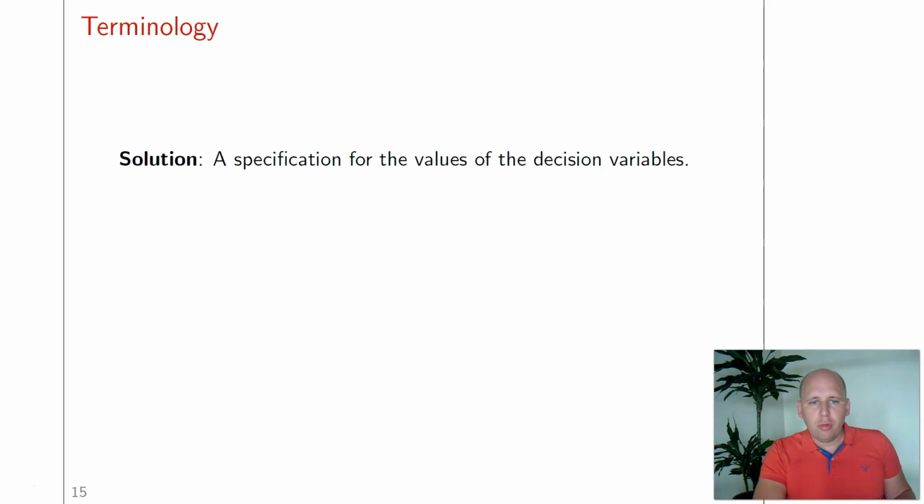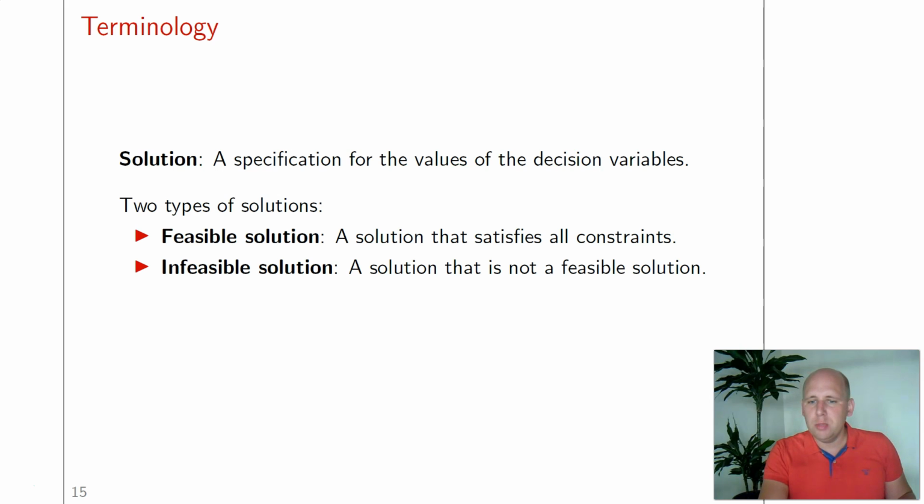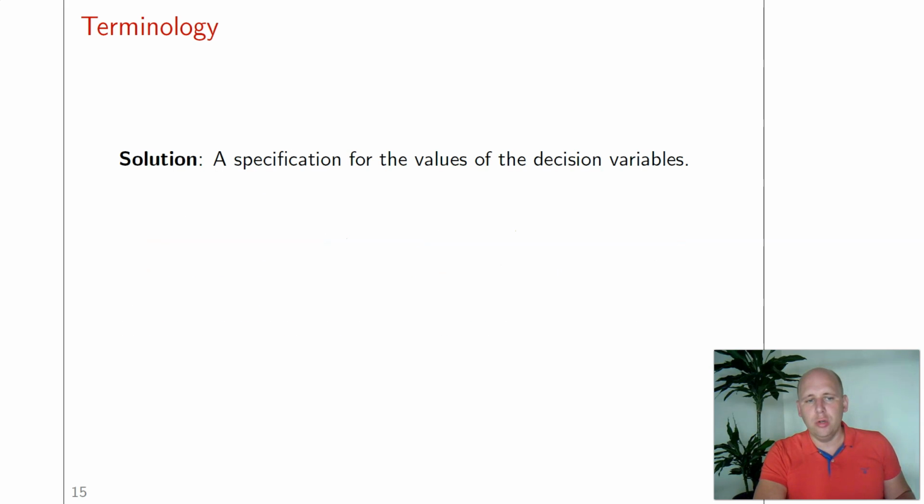We also talk about solutions, and important is that a solution is any specification for the decision variables. So any values; it does not need to be a feasible solution, because there is a distinction between feasible solutions and infeasible solutions. If a solution satisfies all constraints, then it's feasible. If a solution does not satisfy one of the constraints, then it's an infeasible solution.